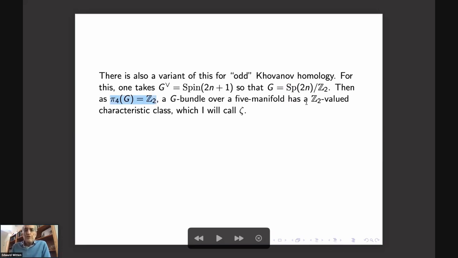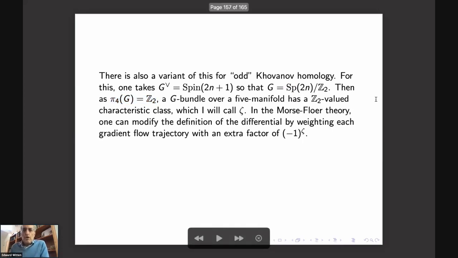So a G bundle over a 5 manifold has a Z2 valued characteristic class, which I'll call zeta. In the Morse-Floer theory, you can modify the definition of the differential by weighting each gradient flow trajectory with an extra factor of (-1)^zeta. And that will not affect the fact that the differential is a differential, the fact that it squares to 0, precisely because zeta is a characteristic class.